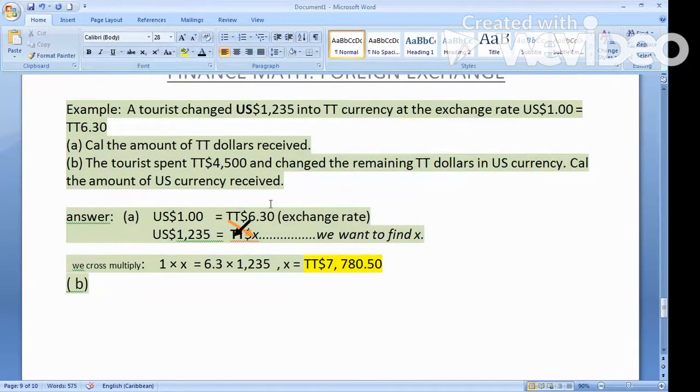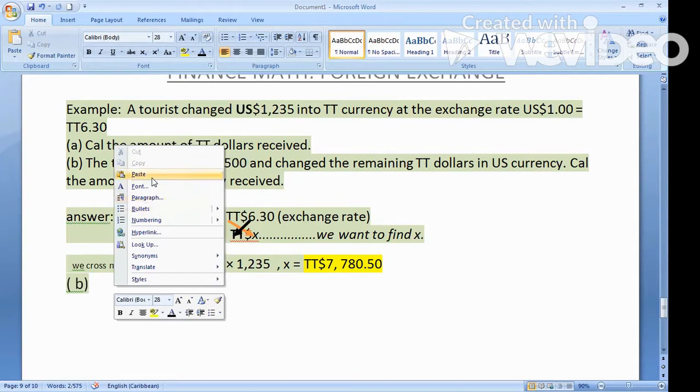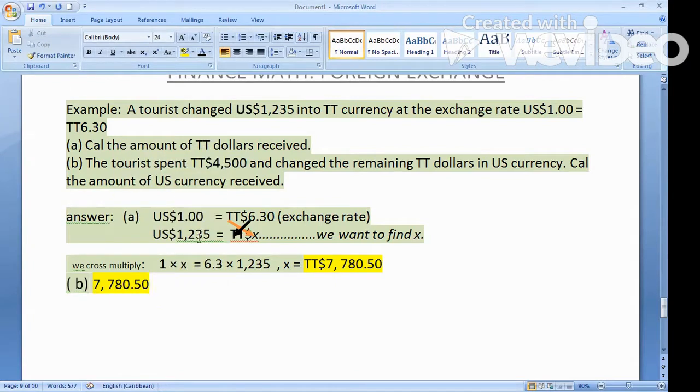Now the tourist spent 4,500 and changes the remaining to US. Basically, the tourist has $3,280.50 left. Cool. So we'll just subtract those amounts. Naturally, when you change money, you just want to spend it, right?